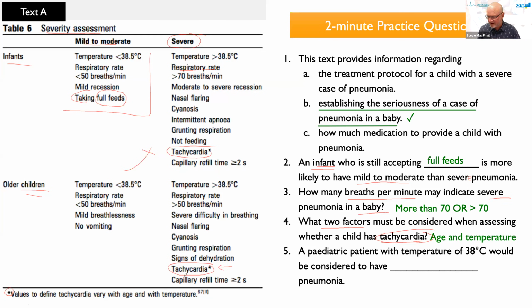Okay, question 5. A pediatric patient with a temperature of 38 would be considered to have. Pediatric means infant, so we know it's going to be at the top. If they had 38, so greater than 38 severe, under 38 mild to moderate.